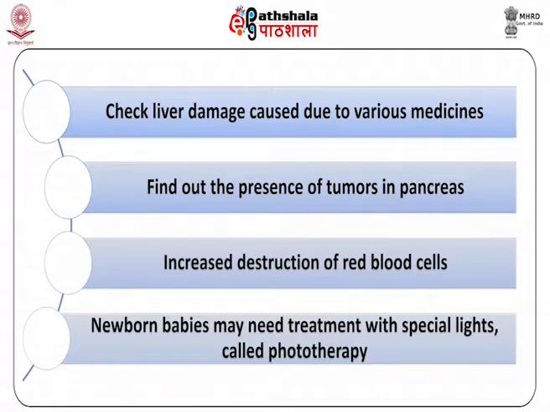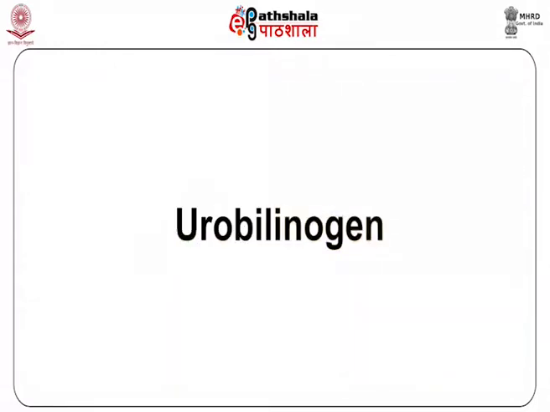They help diagnose conditions that cause increased destruction of red blood cells, such as hemolytic anemia or hemolytic disease of the newborn. They also help decide whether newborn babies with neonatal jaundice need treatment. These babies may need treatment with special lights called phototherapy. In rare cases, blood transfusions may also be needed.